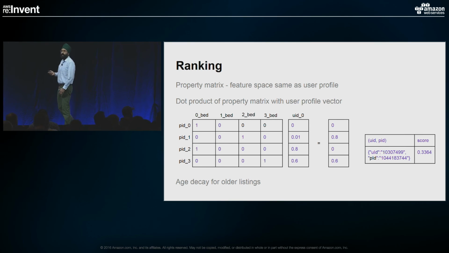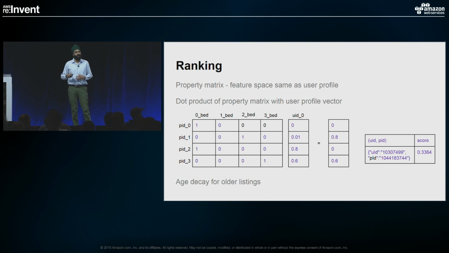As I mentioned earlier, ranking puts this all together. That's a major topic on its own, but I'll cover some important parts. Essentially, you take your property matrix, which is a set of categorical features, either 0 or 1, and you take your user vector, which holds those preference scores for the same feature space, multiply them together, and you essentially get a single score at the end.